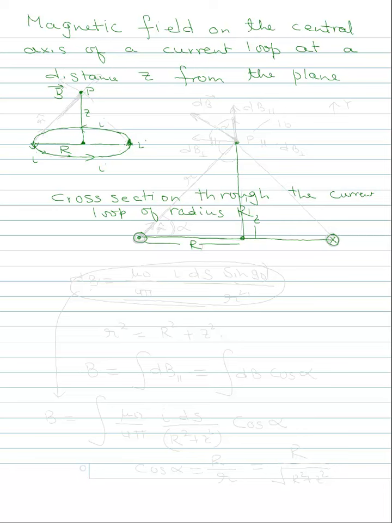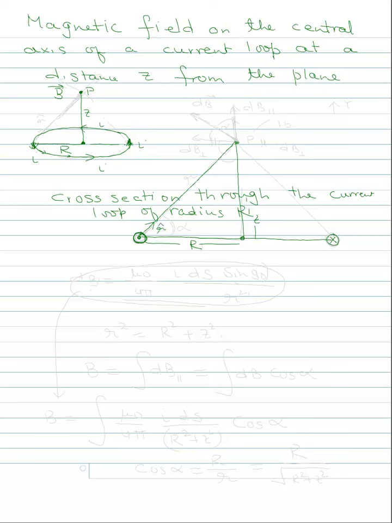Let's focus first on a ds right here, or in this particular view of it, a ds right here, which is in the direction of current coming out at us. And remember that vector r hat will be like this.